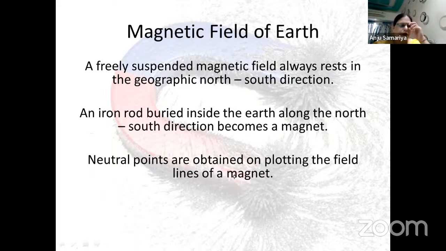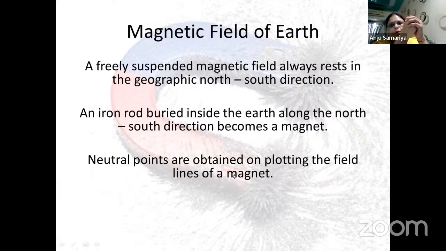Now, what happens at a neutral point? The Earth's magnetic field is also moving through that space, and because of the magnet there is also a field line. These two field lines cross each other and nullify each other, and therefore no magnetism is felt at that point.